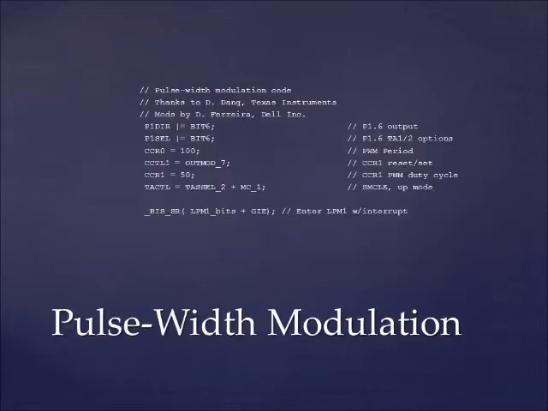Now the code that I got, I hardly had to modify it at all for pulse width modulation. It's really neat. We're modulating the LED that's on port 1.6 on the processor, and the first thing we're doing is setting it to be an output port, and then we're setting some options on the port. Then we're setting the period of our pulse width modulation.